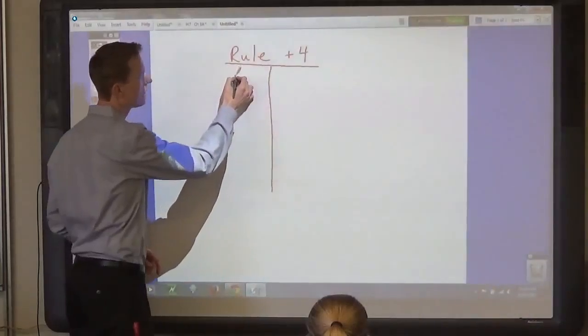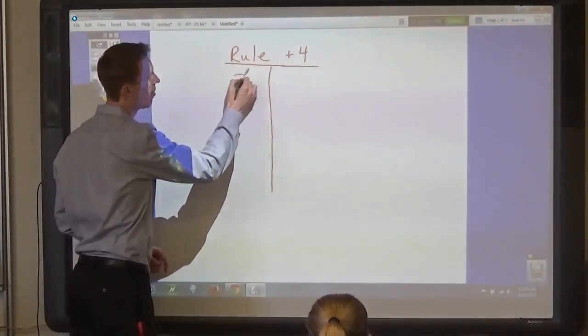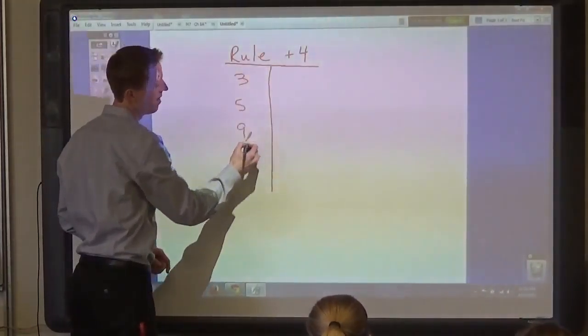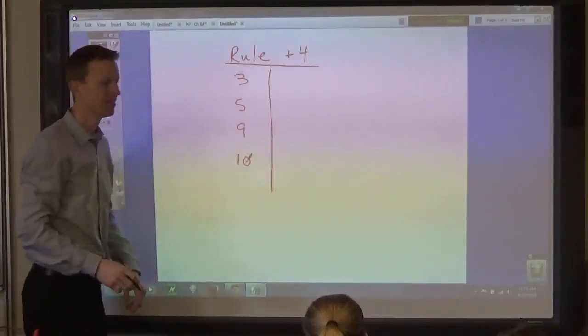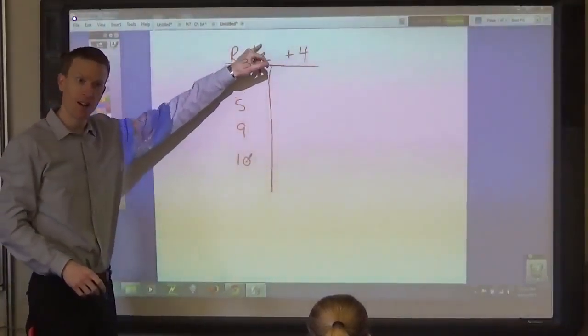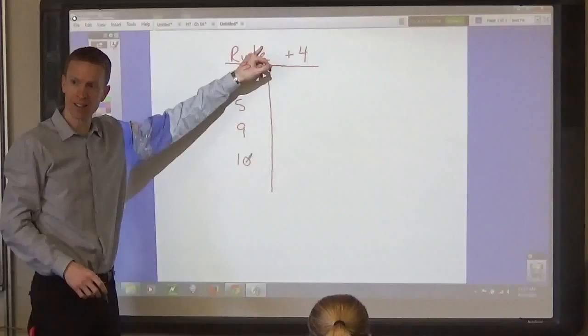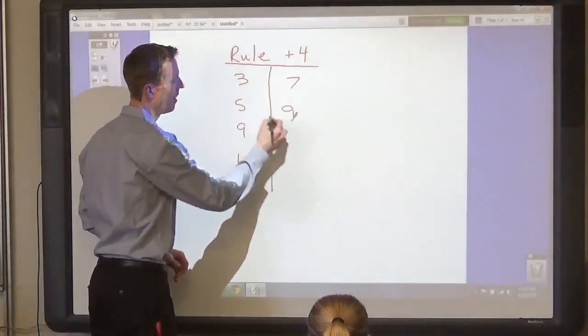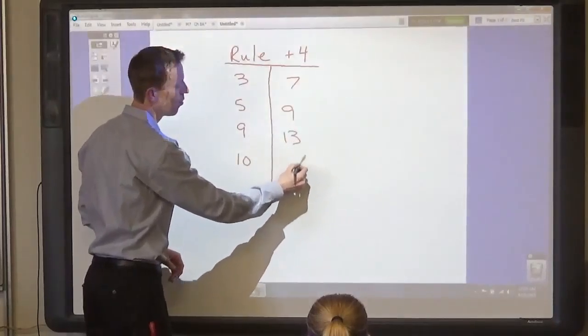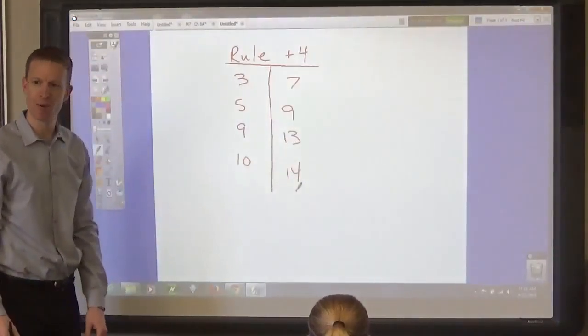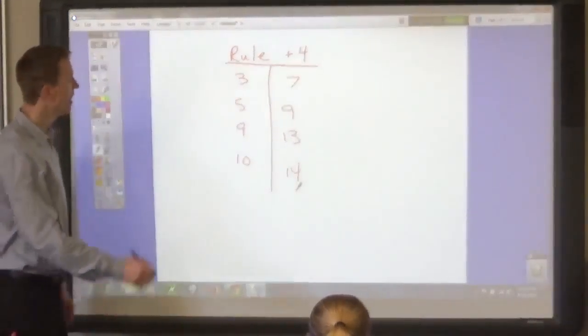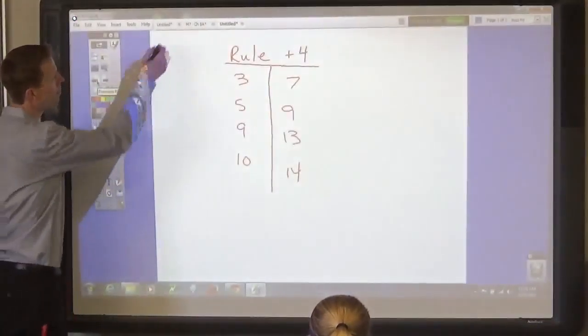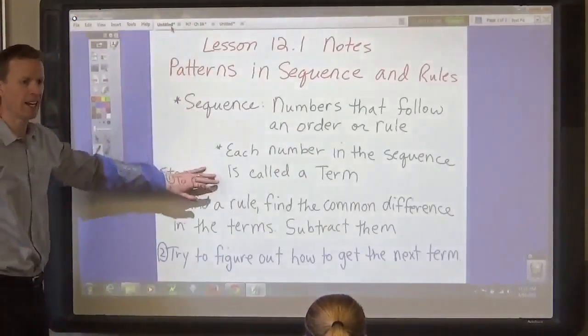On this side, it would say 3, 5, 9, and 10. And then you'd have to follow the rule, right? And so on the other side, it would be 7, 9, 13, and 14, right? Remember doing that? I do. That was a very simplified version of what we're talking about today.